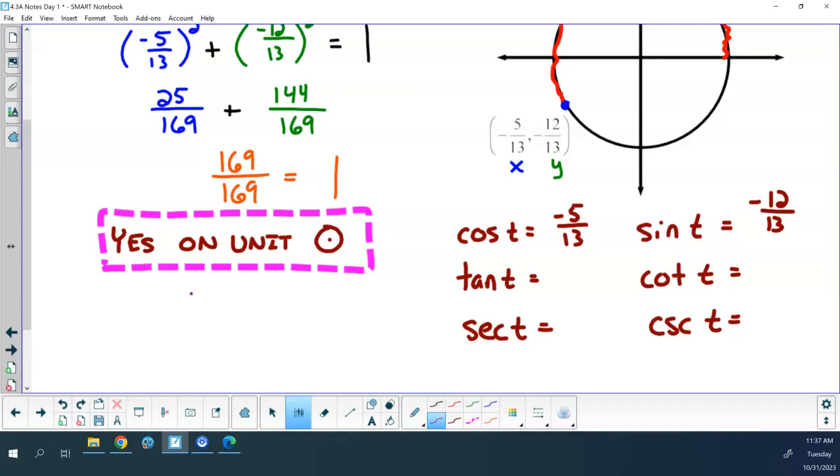So that means it would be negative 12/13 over negative 5/13. Dividing fractions. Keep, change, flip. Which one am I keeping? The top one. What am I changing? Changing the multiplication. What am I flipping? The bottom one. What does that fraction simplify to be? 12/5.